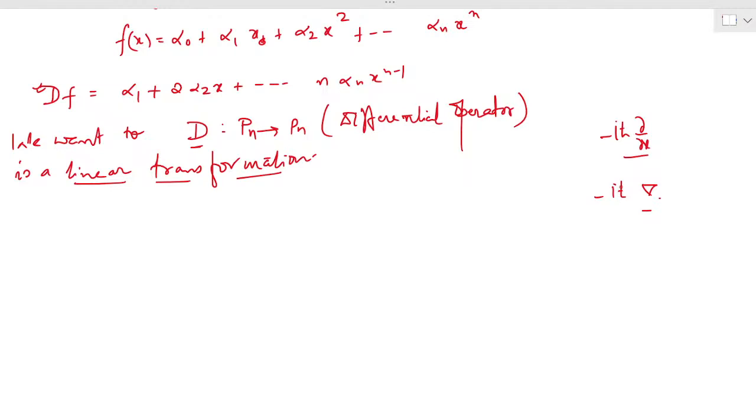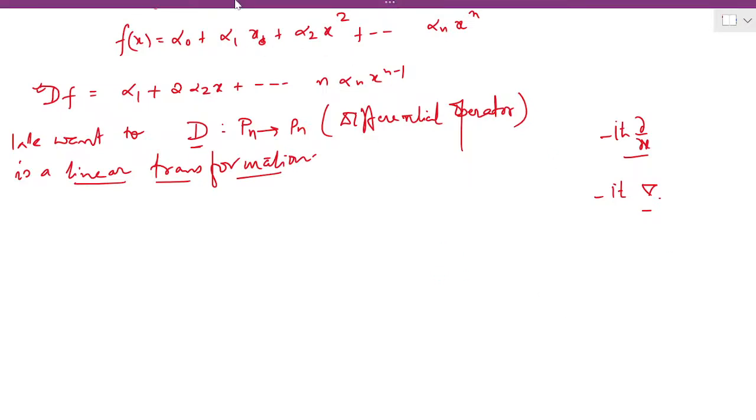Okay, so let us try to do this. Let me take two functions, and then we'll be able to do it.